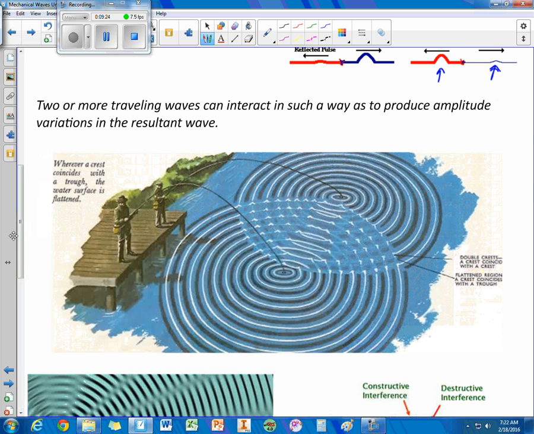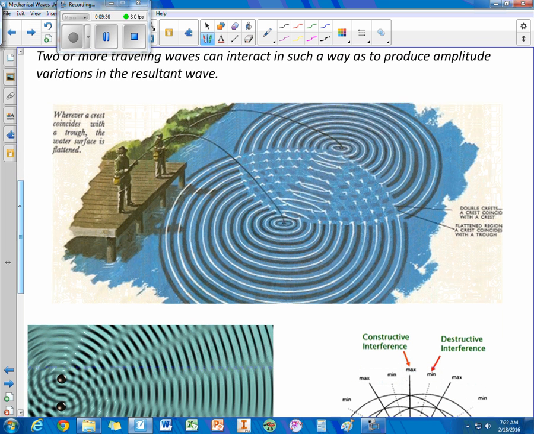Now let's say we have actual waves, and let's say we have two traveling waves. Well, what can happen is that they can interfere with each other. So let's say we have two water waves. And these two water waves are at two points.